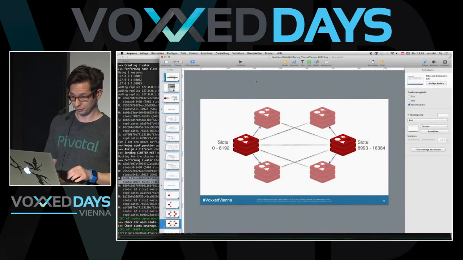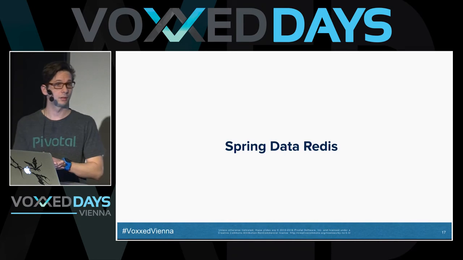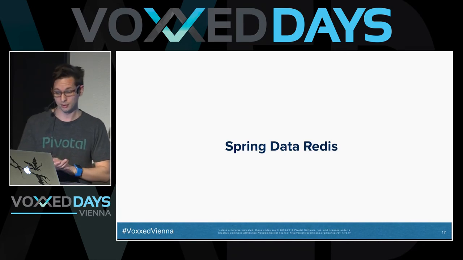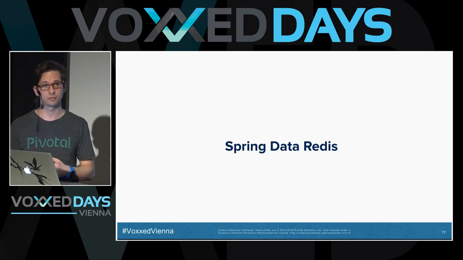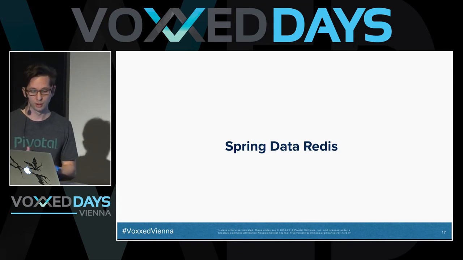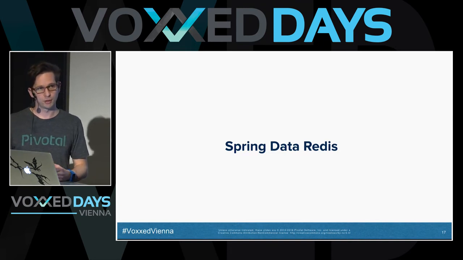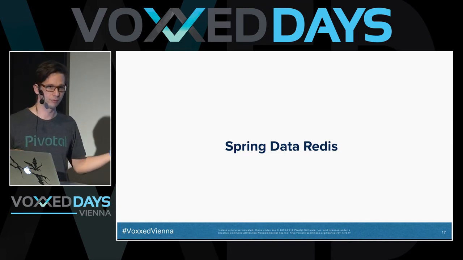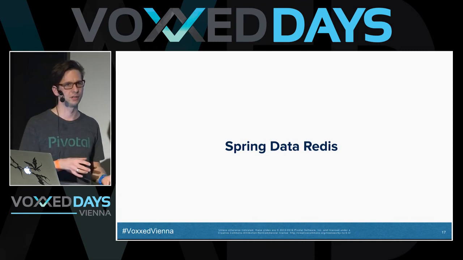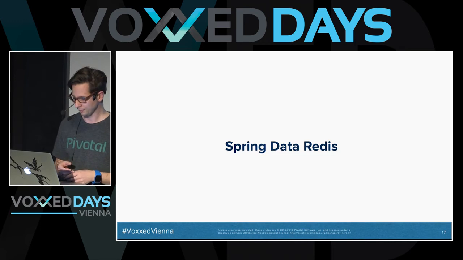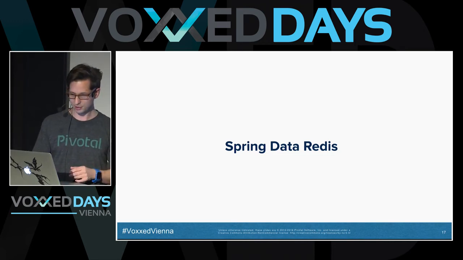And of course, we in the Spring team, and especially in the Spring Data team, try to make data access for you as easy as possible and as convenient as possible. So there, Spring Data Redis will help you deal with the special cases that might appear in a Redis cluster environment. So let's start off with a few Spring Data Redis basics.